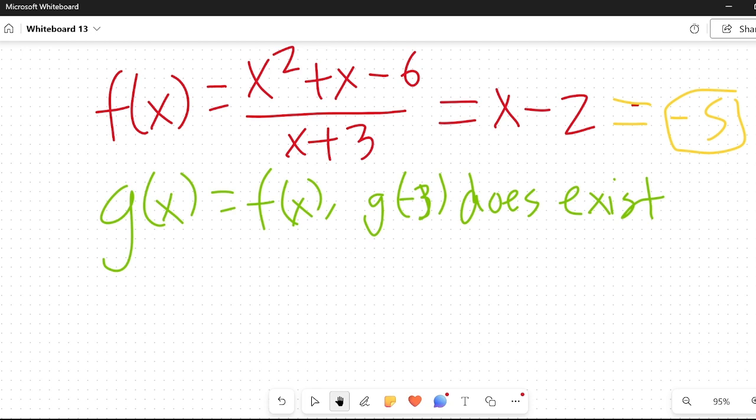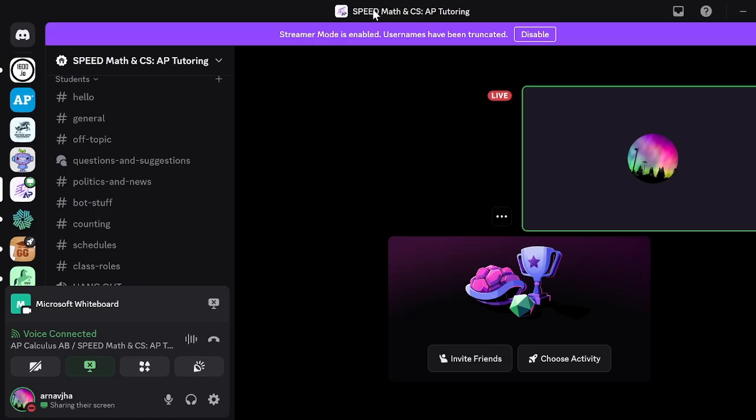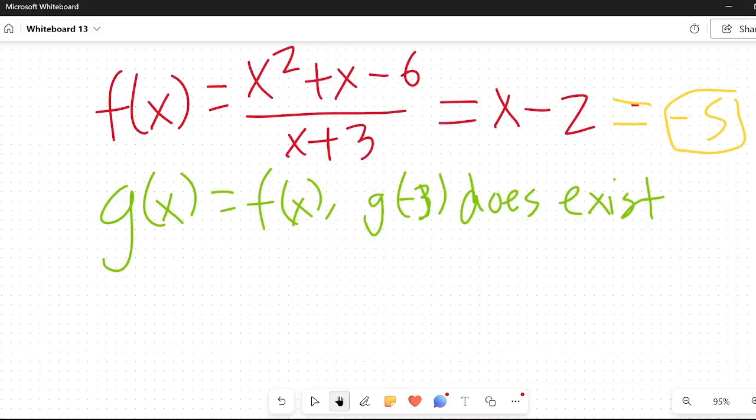So let's move on to a rationalizing technique. Another way to find a limit analytically, using the same logic where g of x equals f of x but g exists at the point, is to rationalize it.